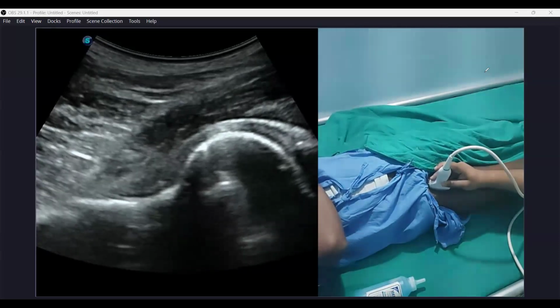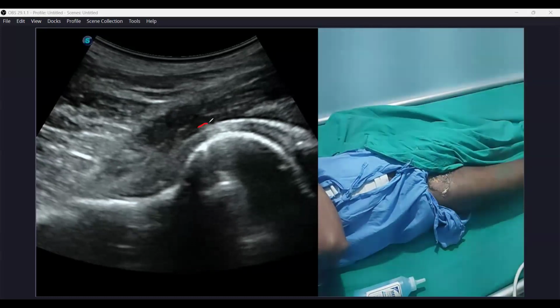So now you can see the capsular enfolding. So this is the area where we have to go for the intra-articular injection, as I told. Now this is clear to you?